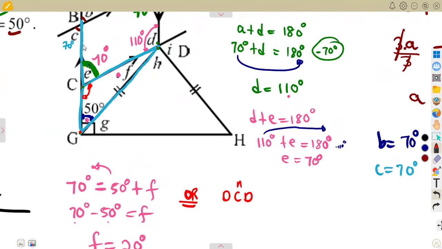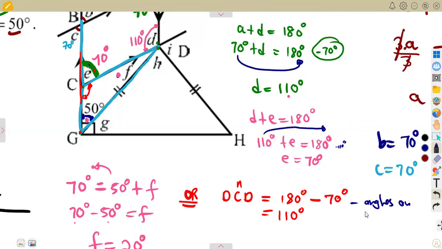This angle lies on a straight line together with these 70 degrees. And we know that angles on a straight line add up to 180. So it is going to be 180 degrees minus 70 degrees, which is 110 degrees. We took this from angles on a straight line.